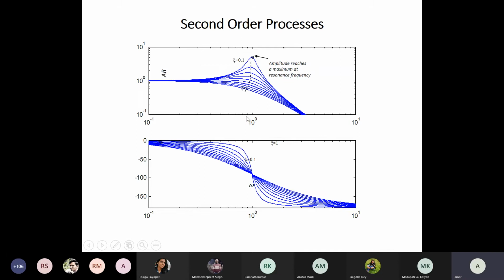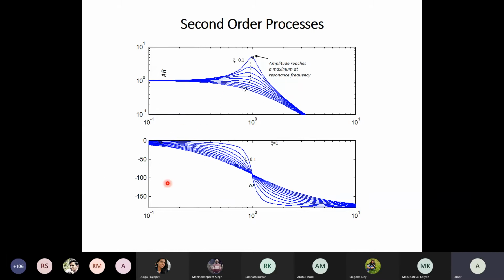So this is basically the maximum amplitude. This parameter, the resonance frequency, is important when you are measuring the performance of the control system.